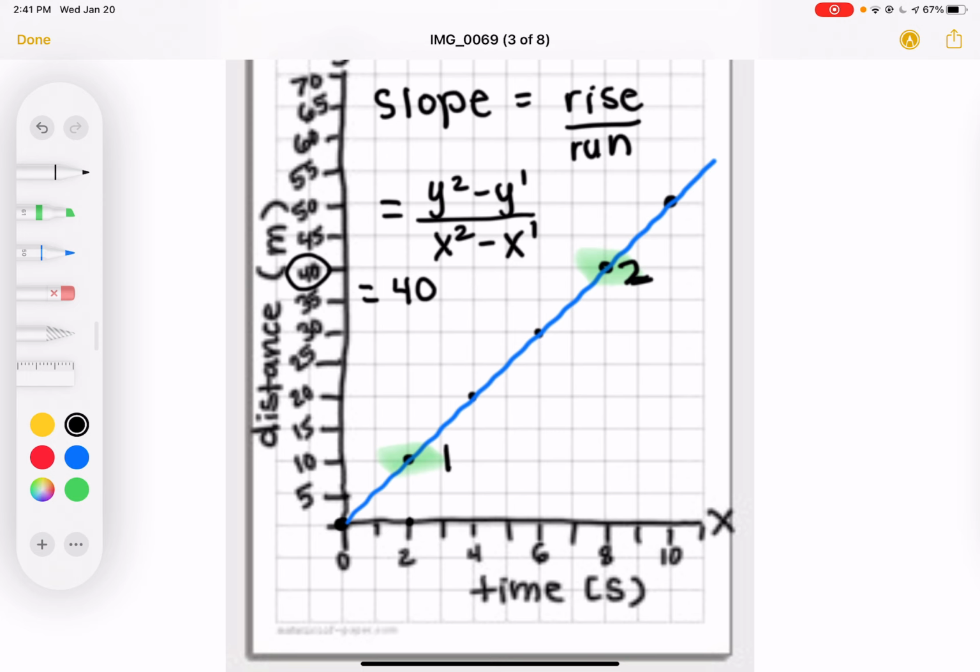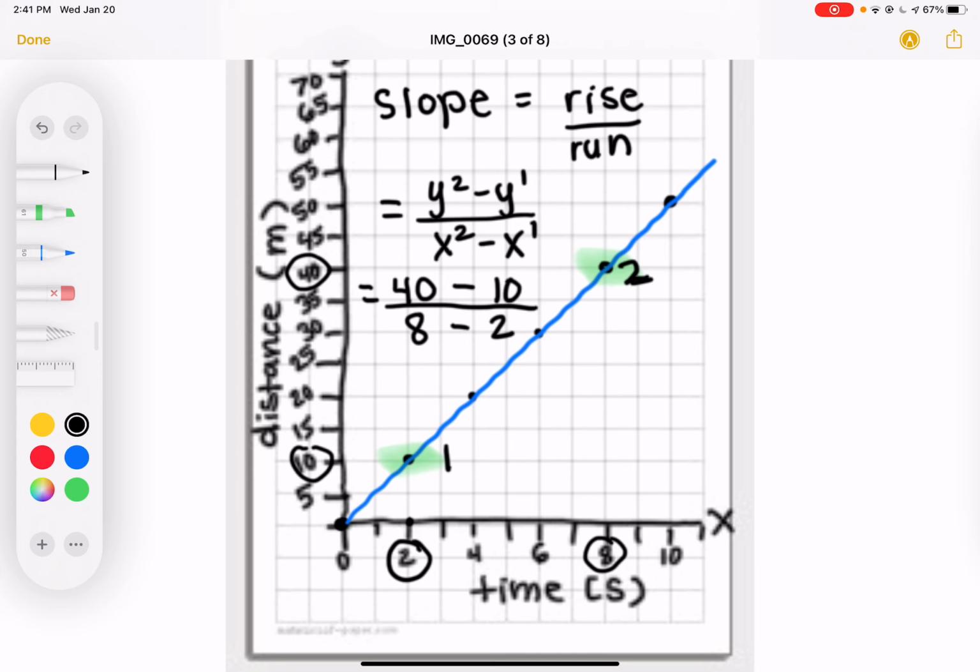And our x is going to be at 8. Our first point, the y is at 10. And the x is at 2. Okay, so that's where I got those.